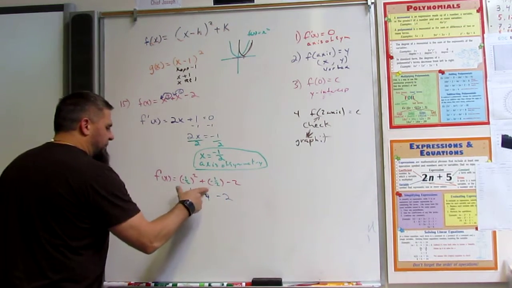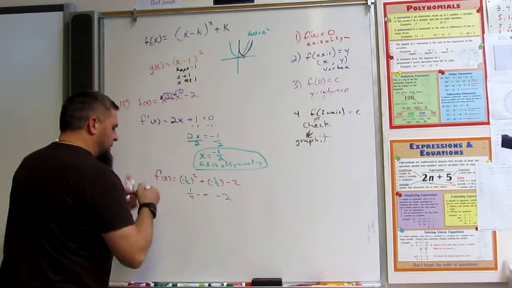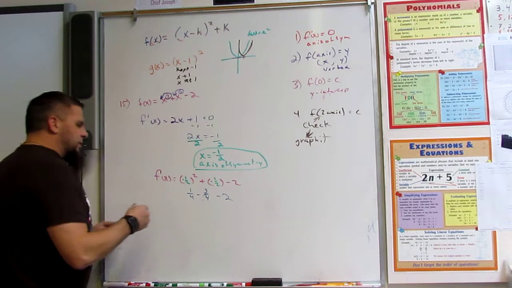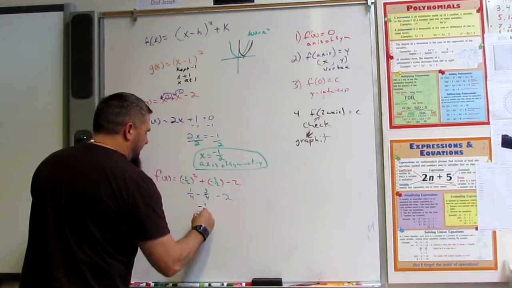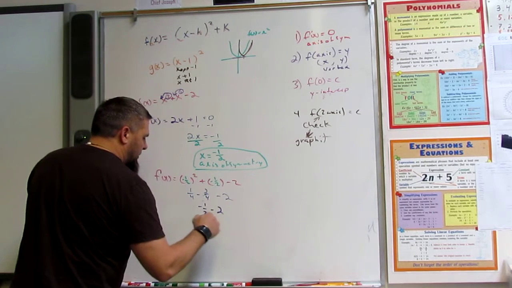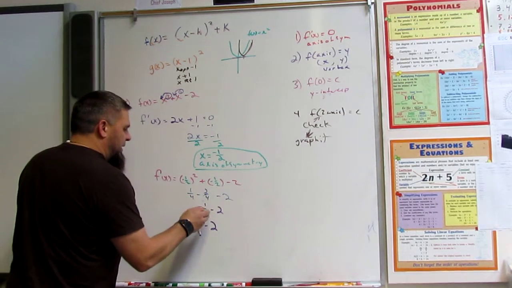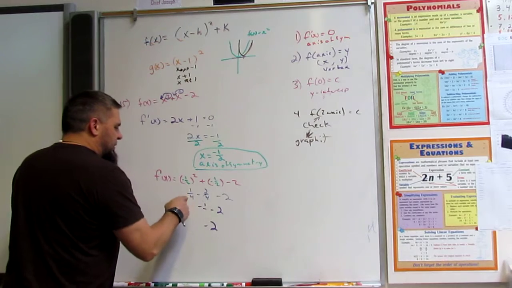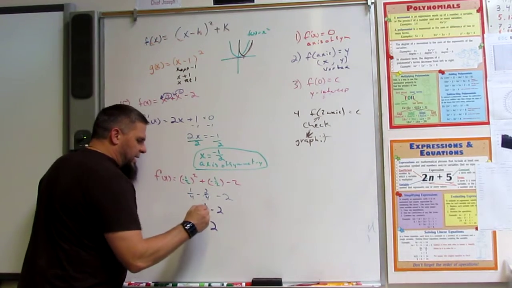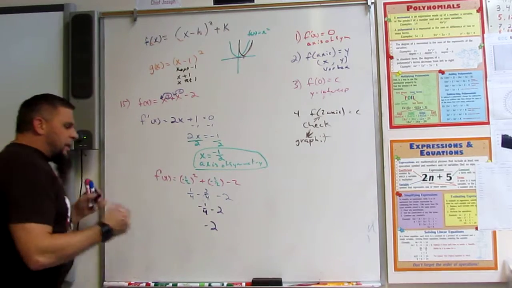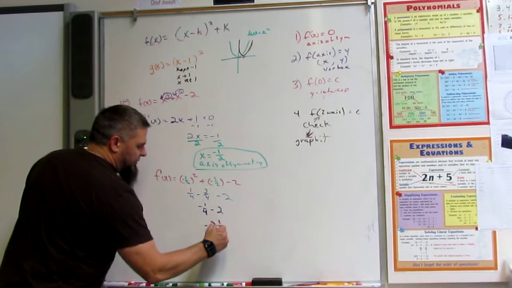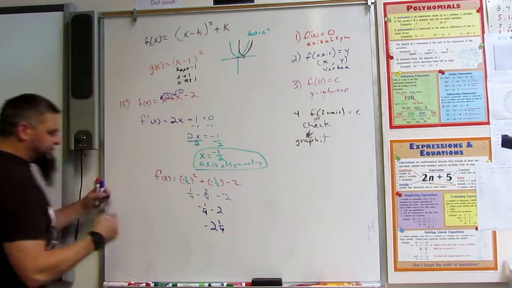So now I've got 1/4 minus 2/4, which is minus 1/4, and then minus 2 more, so it's minus 2 and 1/4.